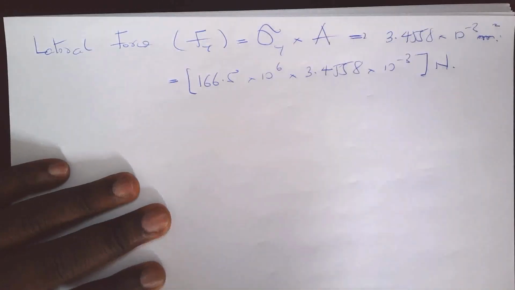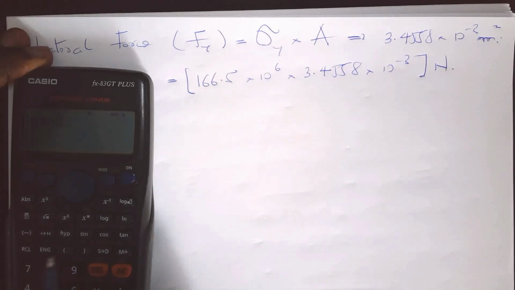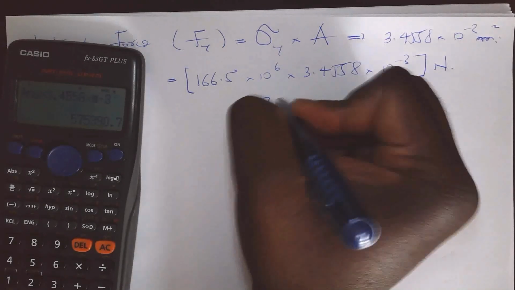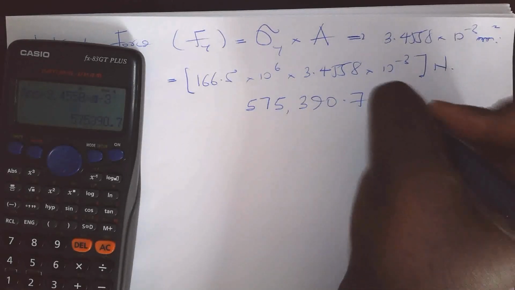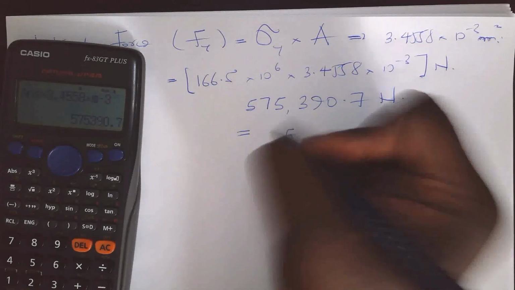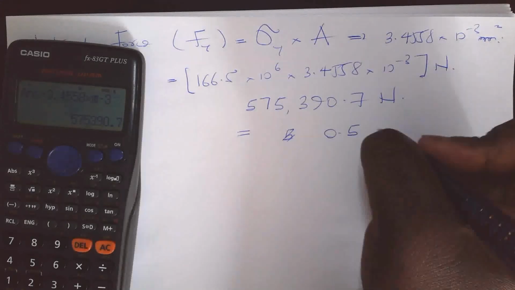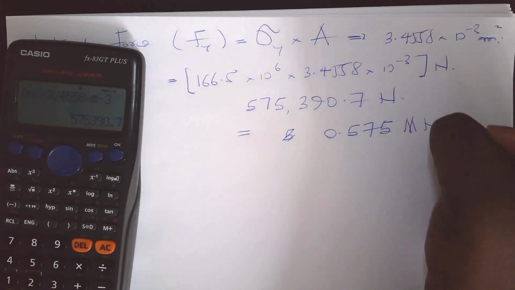And all that should give our units in newtons. So times 3.4558 times 10 to the power minus 3, and that would give 575,390.7 newtons, which is approximately, on the same basis in terms of meganewtons, 0.575 meganewtons.